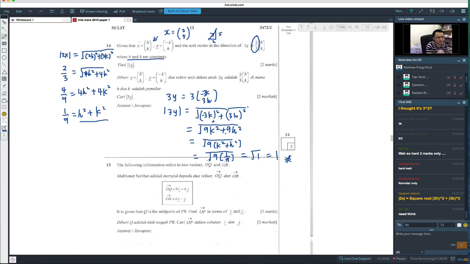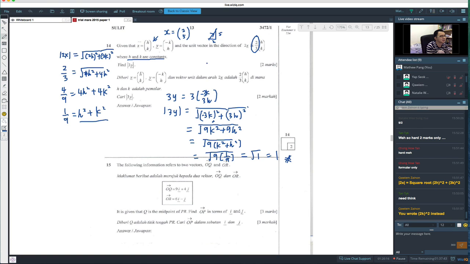Equal to square root of 2h squared plus 3k. Why will it become 3k? Because if I do 2x, that means I multiply 2 into both. I multiply 2 by x, this one should be 2 and 2.